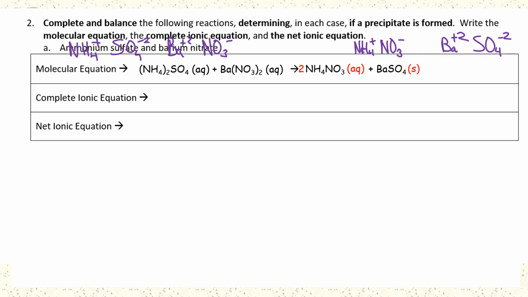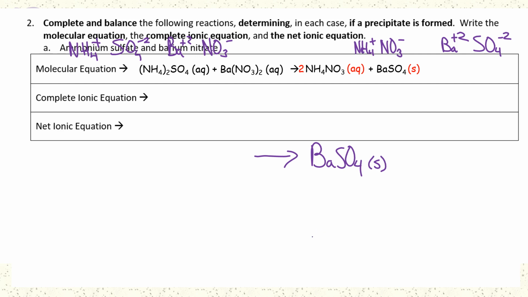I already know my net ionic equation here. What's going to be my product of the net ionic? All right, because the product of the net ionic is always whatever the solid, liquid, or gas is. What are the reactants going to be?